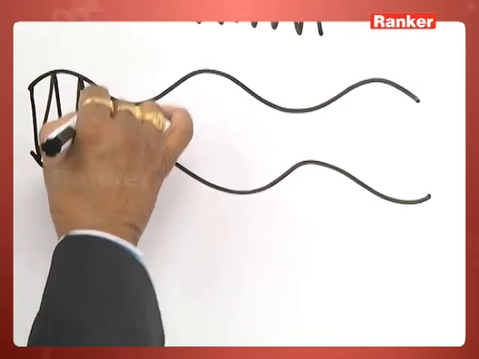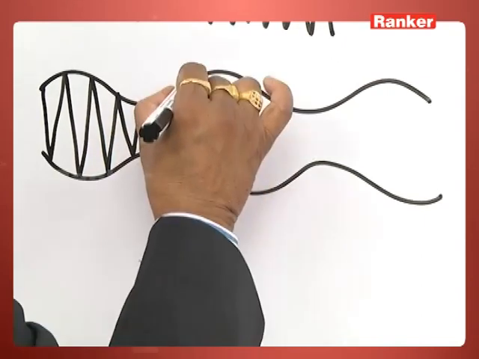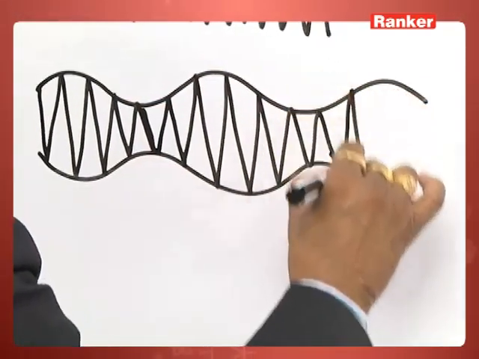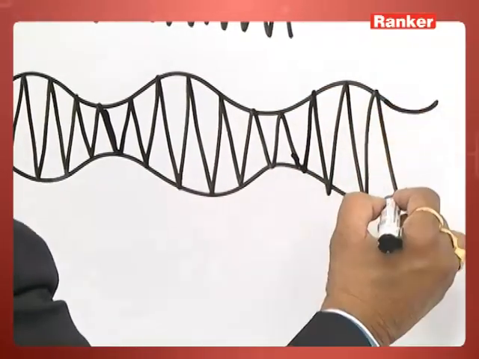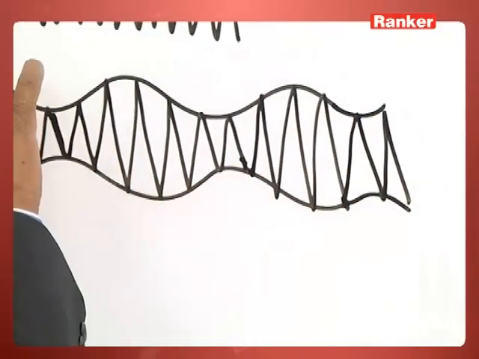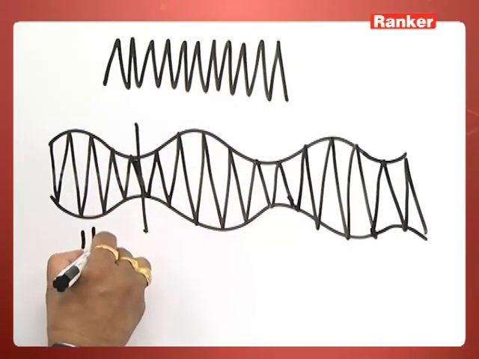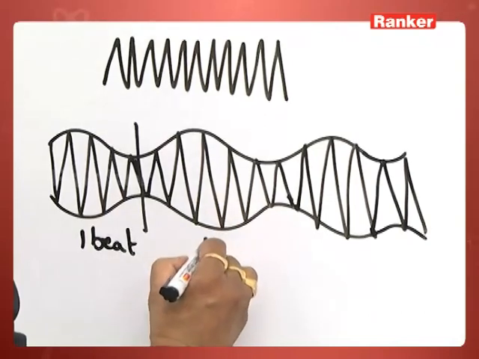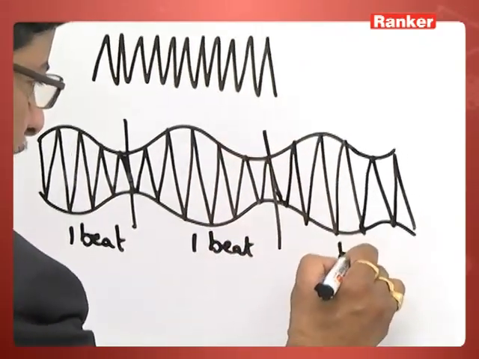You find here it is waxing, here it is waning, once again waxing and waning like this. One maximum and one minimum put together we call a beat. And this one is another beat we can take, this one is another beat we can take.